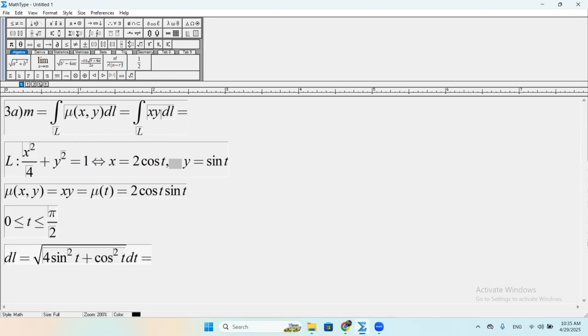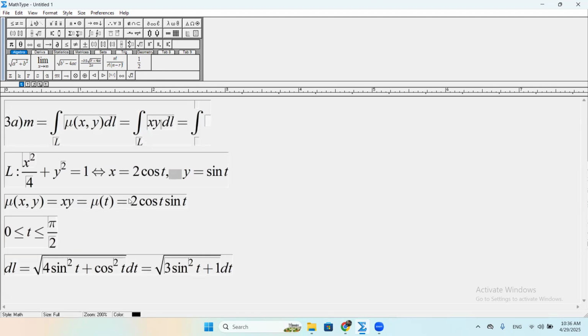And it will be equal to the square root of 3 sine square of t plus 1 dt. It will look a little bit complicated, but this integral will be calculated easily. Not obvious, but you will see.